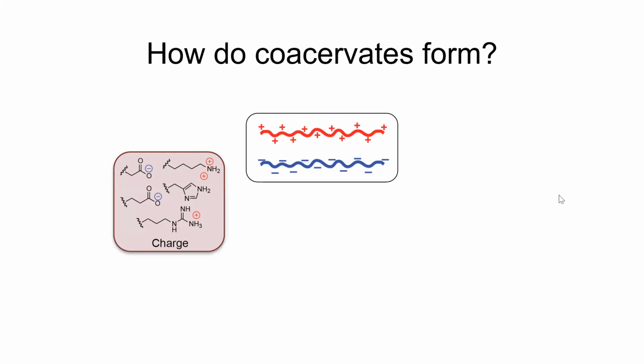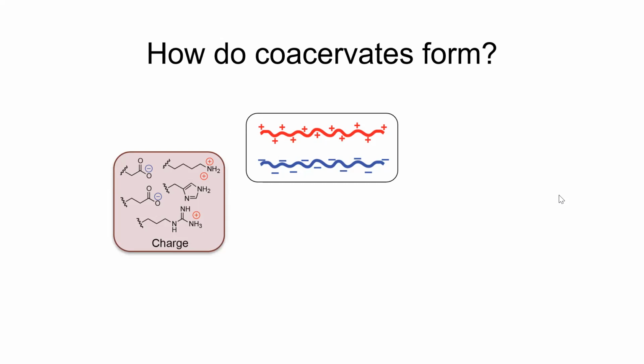This means that these polymers would be negatively or positively charged. One could imagine that the charge could come, for example, from the side chains of amino acids, or from nucleotides, where we know that the phosphate group that holds nucleotides together in nucleic acids has negative charges.